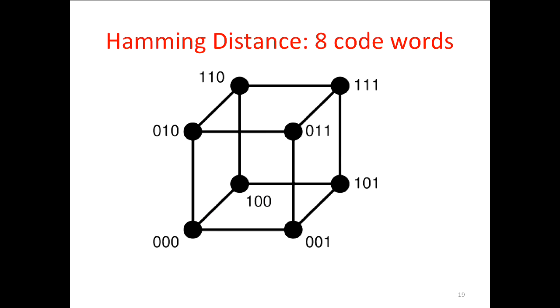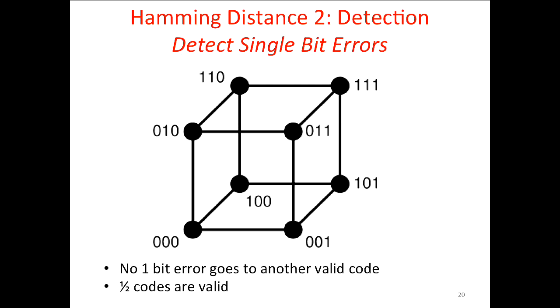So let's just work through an example. This is showing you a 3-bit code, right? And I'm just drawing this as a cube where each vertex is some combination of those 3 bits. There are 8 combinations of 3 bits. So if you just want to detect single-bit errors, you can have half of these combinations be valid data. So you can store 2 bits of data, 4 combinations.